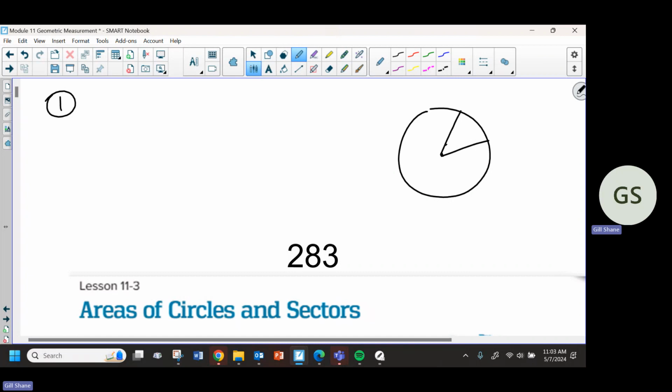And we wanted to know the length of arc AB. What was the first step?